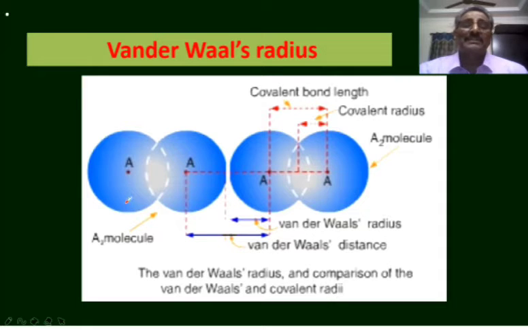For example, this is an A2 molecule, this is another A2 molecule. One A2 molecule, homogeneous diatomic molecule, another homogeneous diatomic molecule. Like chlorine, suppose this is a chlorine molecule and this is another chlorine molecule.